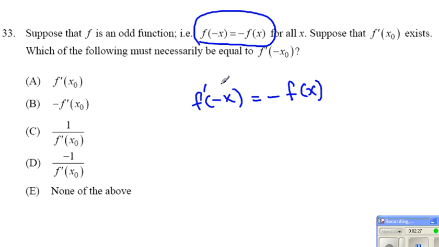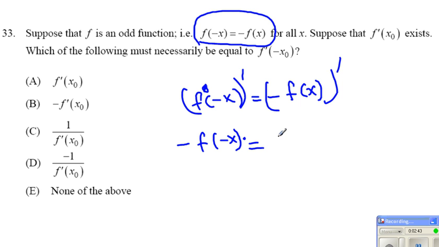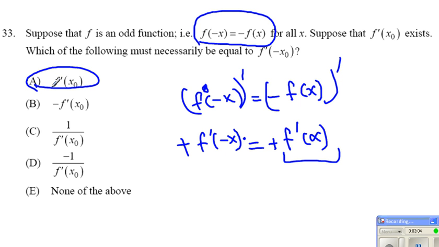But when you take the derivative, then here we get f prime of -x times -1, because of the derivative of -x. That must be equal to simply negative of f prime of x. The negation cancels out and becomes positive. Now all of a sudden we have an even function, right? f prime right here, or f prime of x. So our answer will be choice 4.